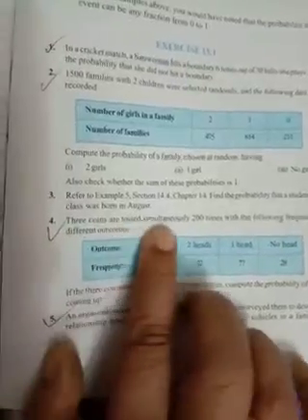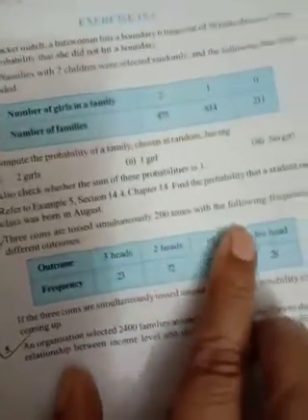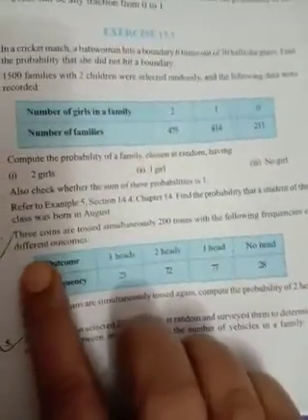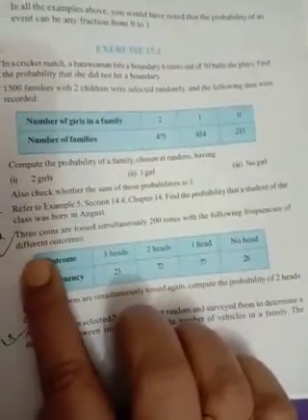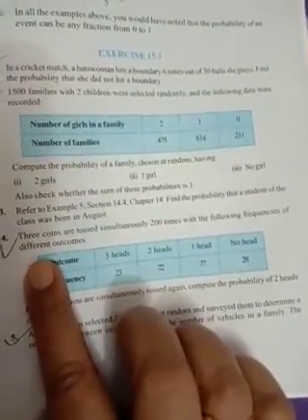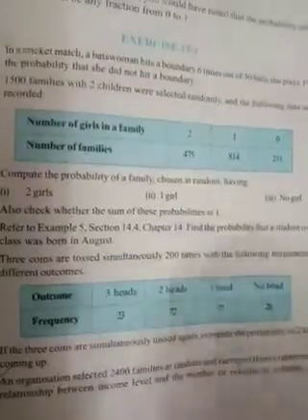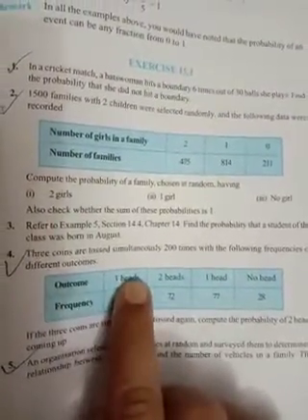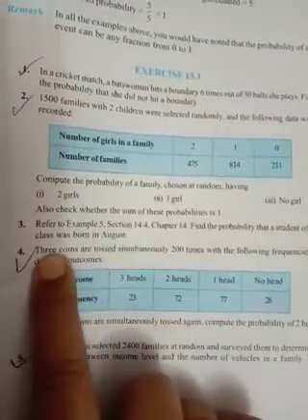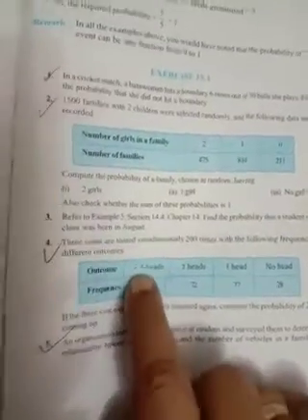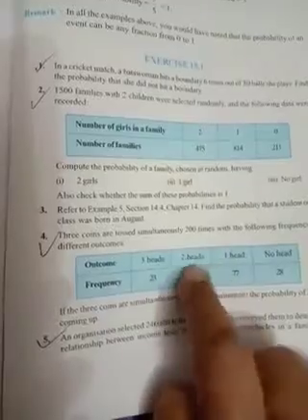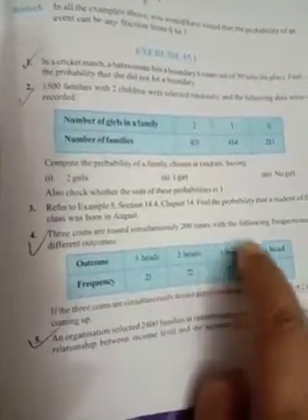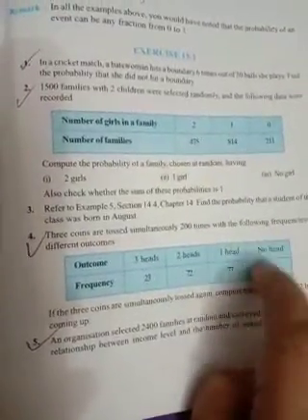3 coins are tossed simultaneously 200 times with the following frequencies of different outcomes. So let's solve. Here the table is given. If I toss 3 coins, sometimes we get 3 heads, sometimes 2 heads, sometimes 1 head, and sometimes no head.